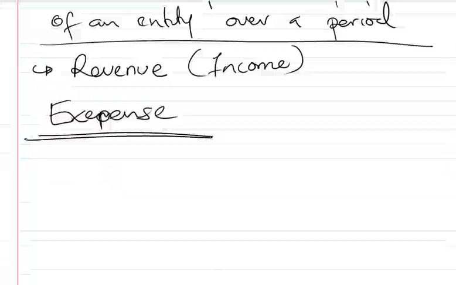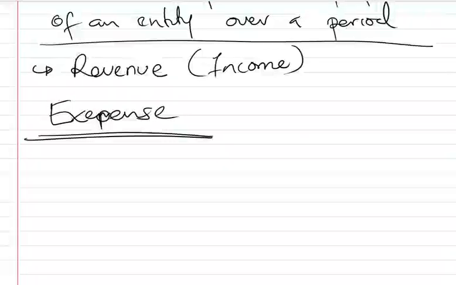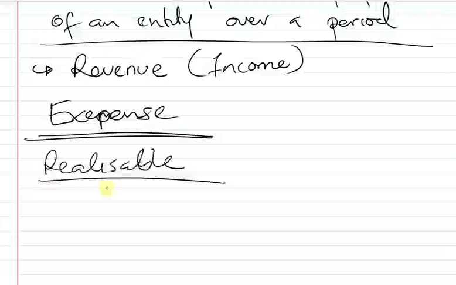So other comprehensive income are basically items that we cannot categorize as income because, one, they do not arise in the normal course of the business. Two, they are not realizable. They are unrealizable.